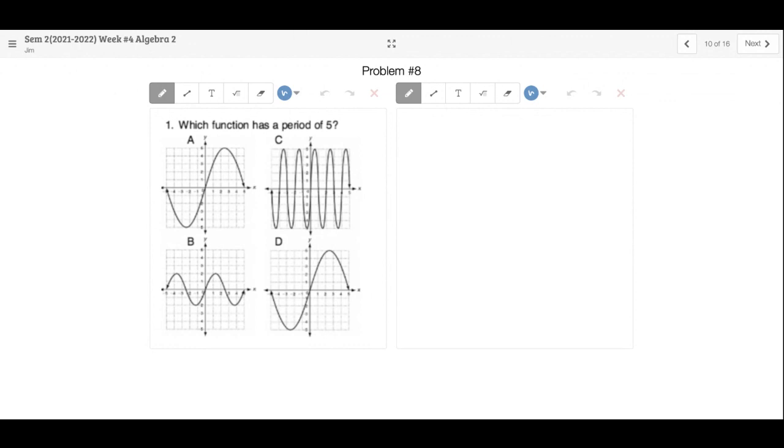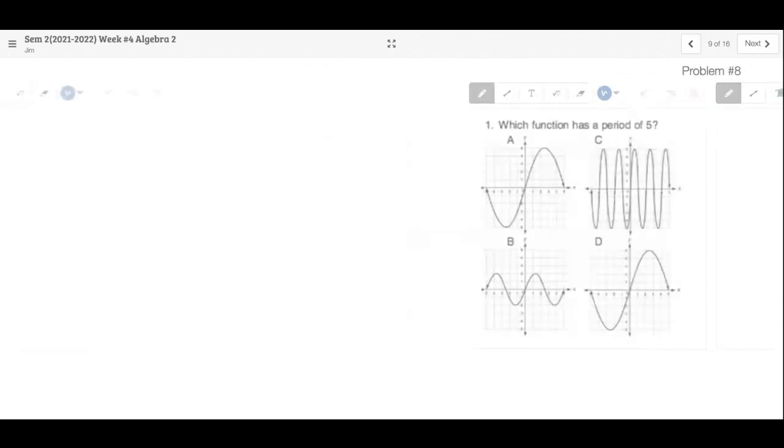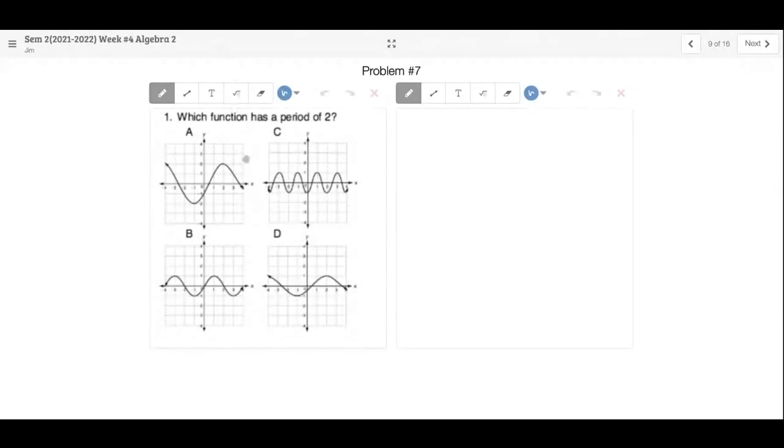All right. What's 7 then? Letter C. Number 7 was just which one had a period of 2. So in this problem, starts here, 2 is here, function goes up, comes down, goes up, comes down, goes up, comes down. So the period is 2 there.